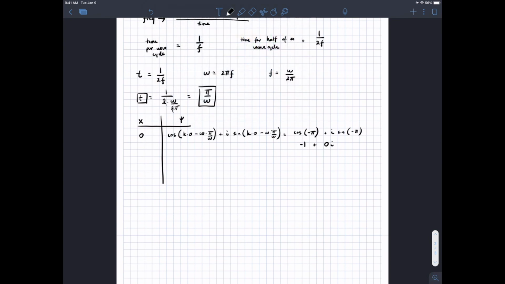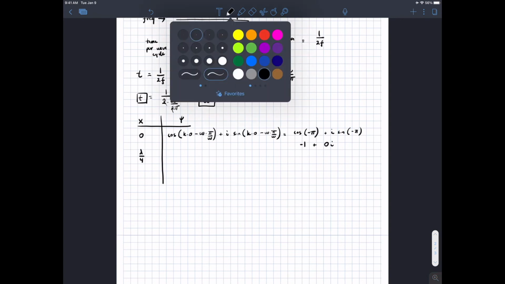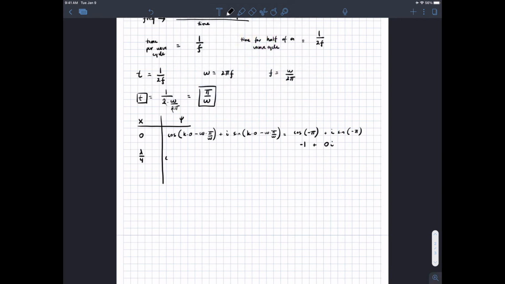Okay. What about at distance equals 1/4 wavelength? Well, cosine of 2 pi over wavelength times wavelength divided by 4 minus omega times pi over omega plus I sine of 2 pi over wavelength times wavelength divided by 4 minus omega times pi over omega. What's all that going to equal? Cosine of pi halves minus pi plus I sine of pi halves minus pi.